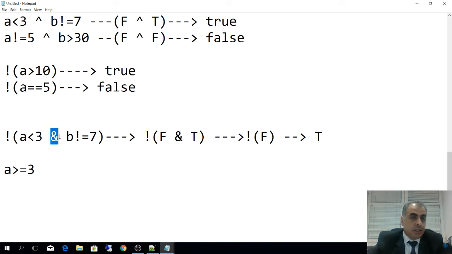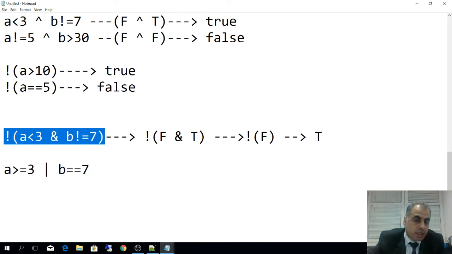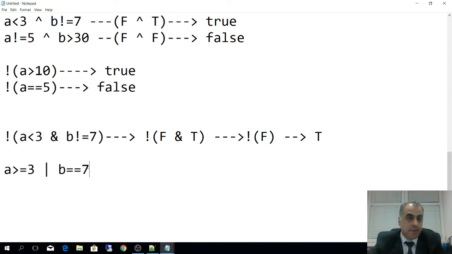And the AND operator is converted to an OR operator, because not AND means OR. And B is not equal to 7, which when you convert it becomes B is equal to 7. So in other words, this operation can be written this way.